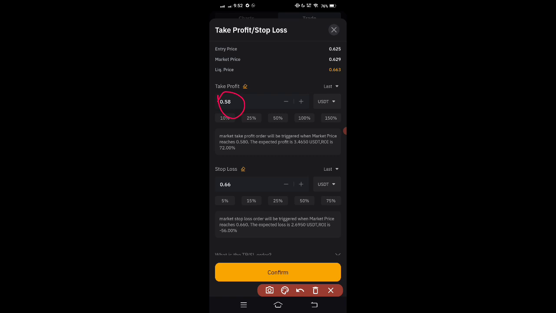So what you do is this: your stop loss is this price, 0.66, right? And already you are on this 0.59. You are waiting for the market to drop down to 0.58. So what you do is, you come here, you remove 0.58, leave it empty.